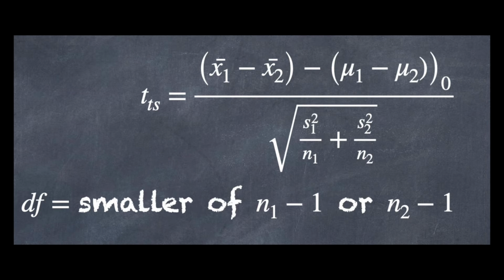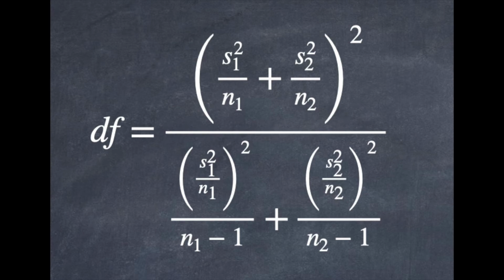This now changes to a t test statistic, where the degrees of freedom, using a conservative route, if you will, is the smaller of n1 minus 1 or n2 minus 1. But we do have another form for the degrees of freedom, and it is this really ooky-looking formula that is based on the work of a guy whose name is Satterthwaite.